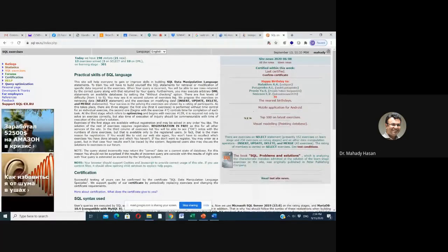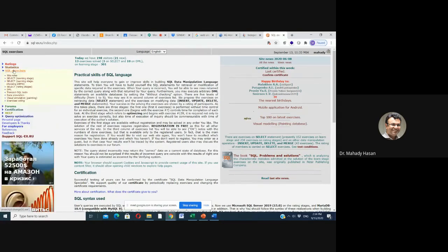So this is the website that we were talking about. Now on the right side, you can see I have logged in. Now under SQL exercises, you can go to, I don't know, maybe SQL learning stage.